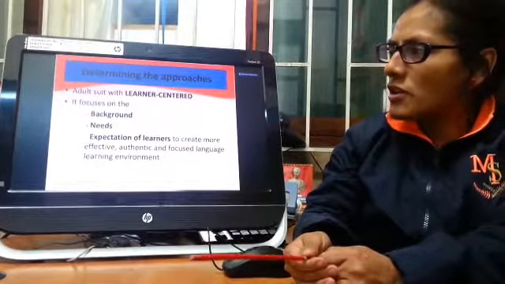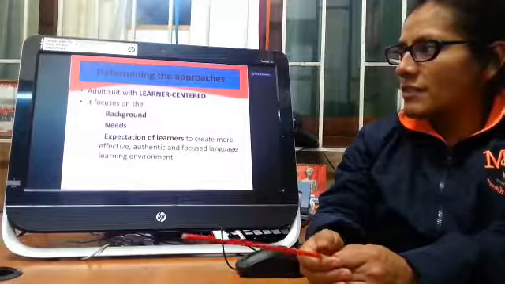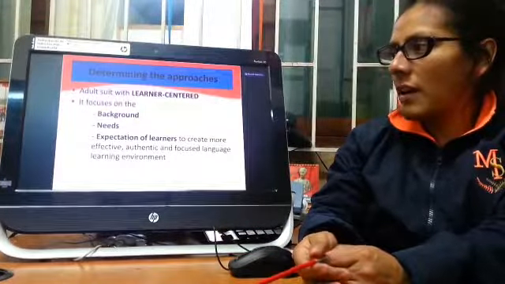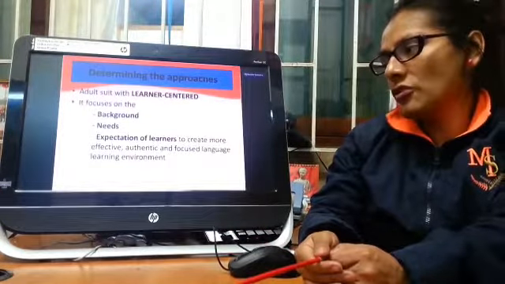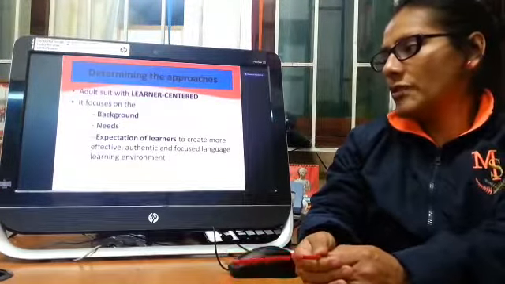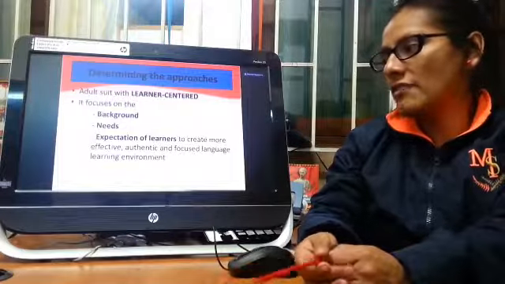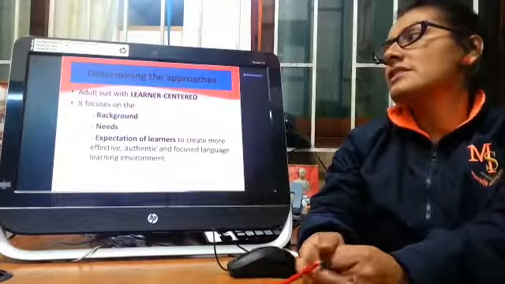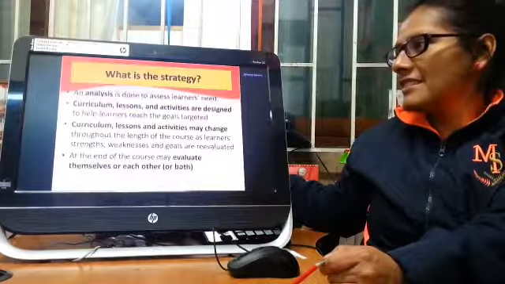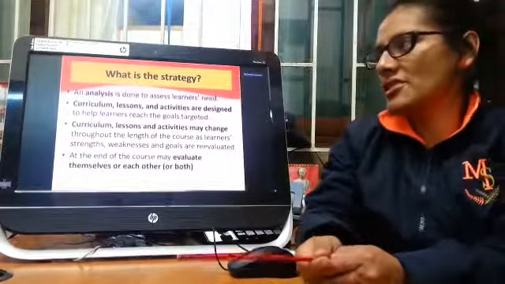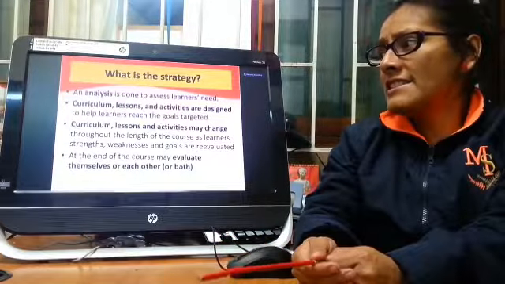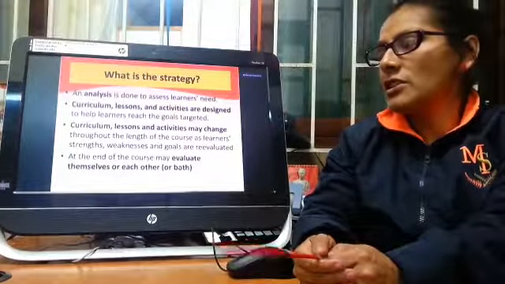Determining the approach: adults suit learning centers. It's focused on the background, needs, and expectations of learners to create a more effective, authentic, and focused language learning environment. What is the strategy? An analysis is done to assess learning needs.